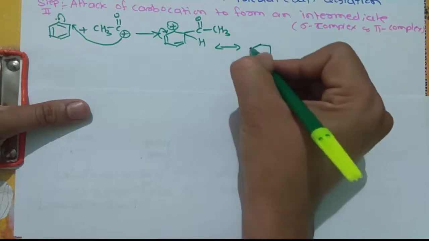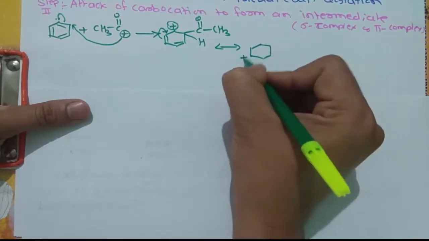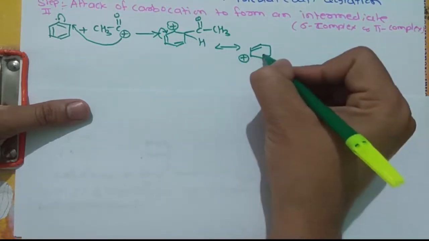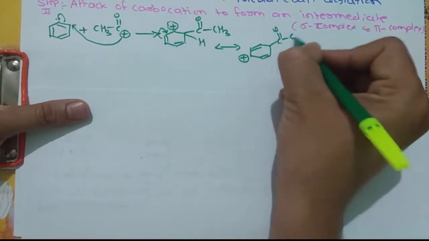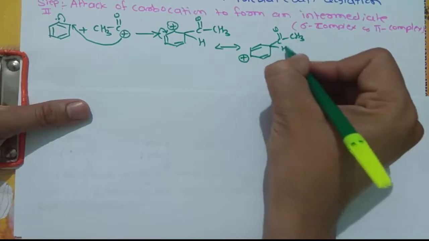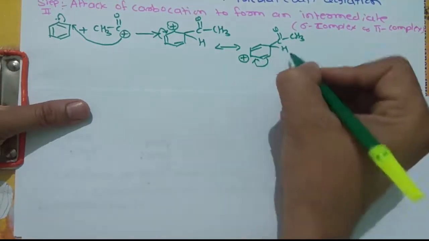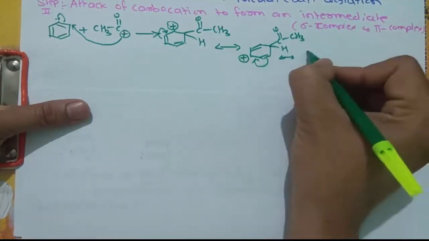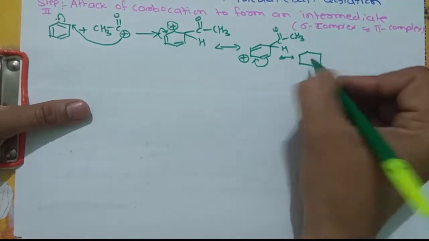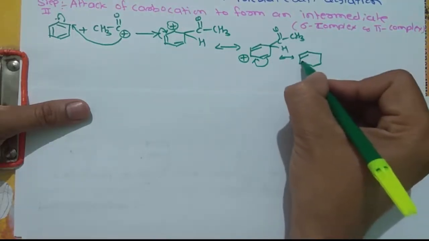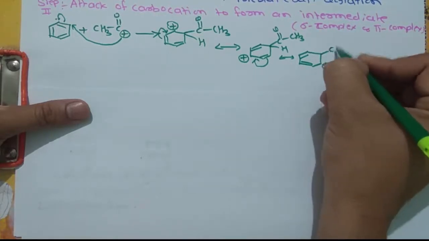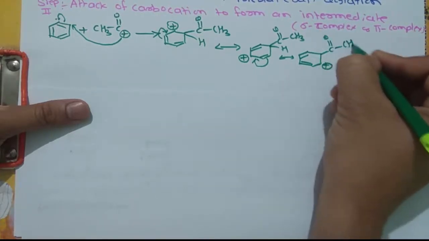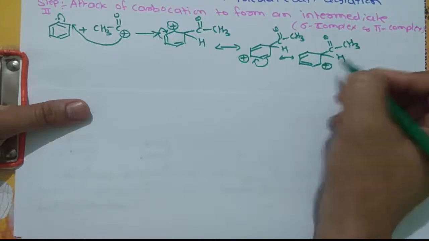We can write this positive charge with C double bond O CH3 and the hydrogen atom. Again, the positive charge comes on these sides, again with C double bond O CH3 and hydrogen.